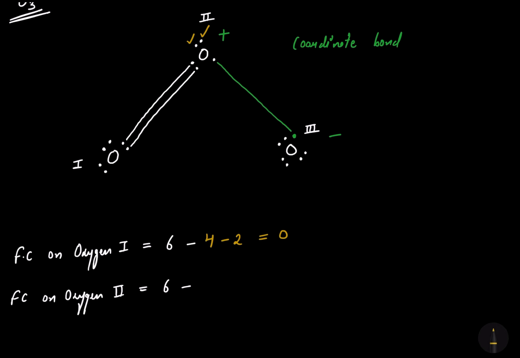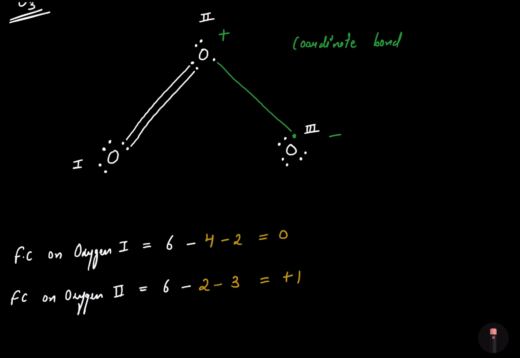It comes out to be 6 minus 2. After that, the number of bonds formed by oxygen number 2: the first bond, the second bond, and the third bond. Oxygen number 2 is forming 3 bonds, so it comes out to be -3. Now 6 minus 2 minus 3 comes out to be +1. That means oxygen number 2 will carry a +1 charge.